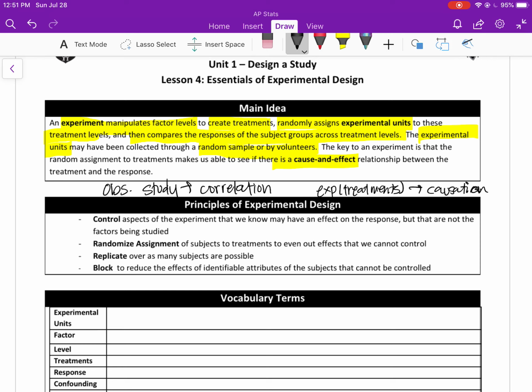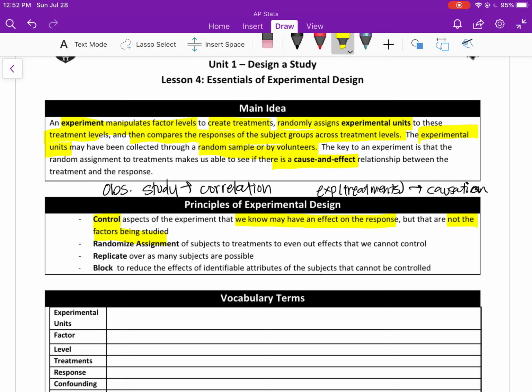The principle of experimental design is that you have controls. So you control the aspects of the experiment that we know may have an effect on the response, but that are not the factors being studied.